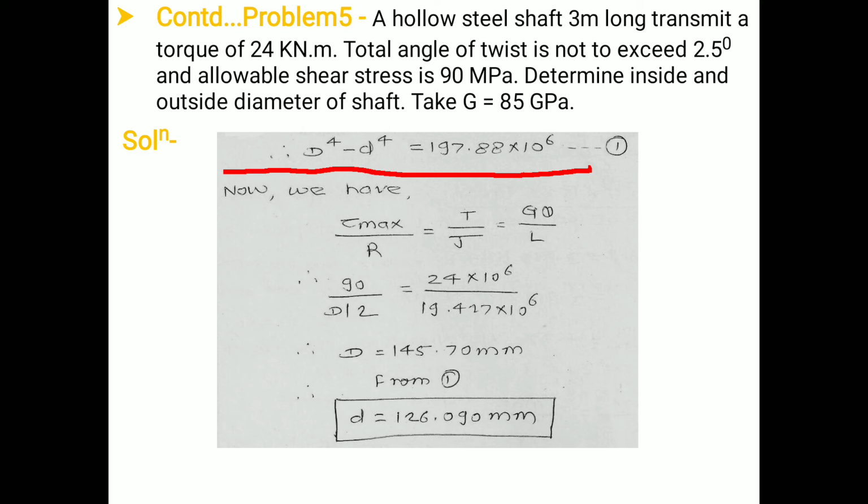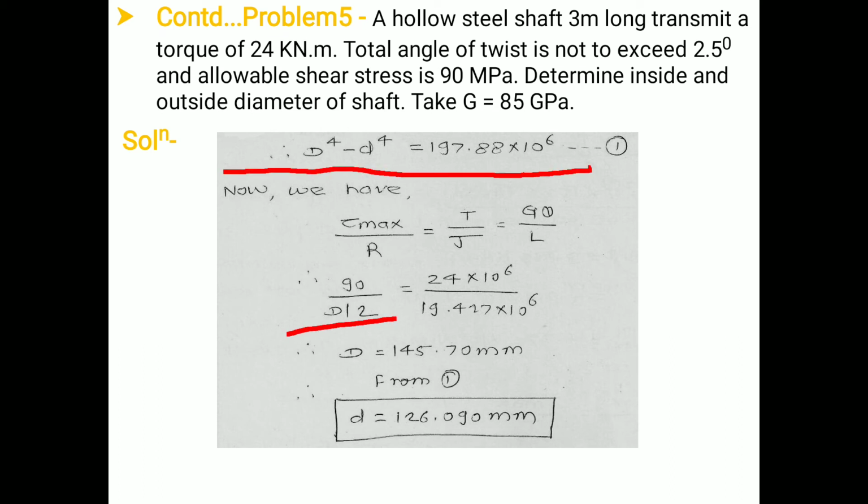Now we are going to use a torsional formula again because the value of tau is given in the numerical, it is 90. The value of R is capital D by 2 because it is capital R, as tau maximum is given, so we have to consider capital R. Therefore capital R will be D by 2.